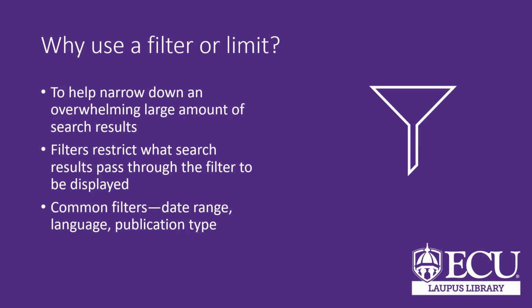And if there are multiple types of sources included in a database, by books or articles. Some even have a peer review filter. Using limits and filters can be a great way to narrow down your search results to get more relevant results from a basic search and have less items to comb through to find the information you need.